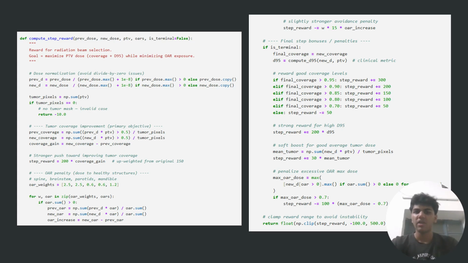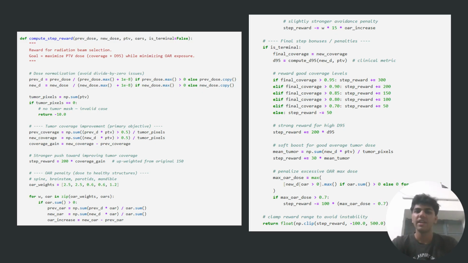In the terminal step after the final beam, we apply additional bonuses or penalties based on final treatment metrics. If the final PTV coverage exceeds the clinical threshold, say 95%, the agent receives a strong terminal bonus. If coverage is poor, it receives a penalty instead.